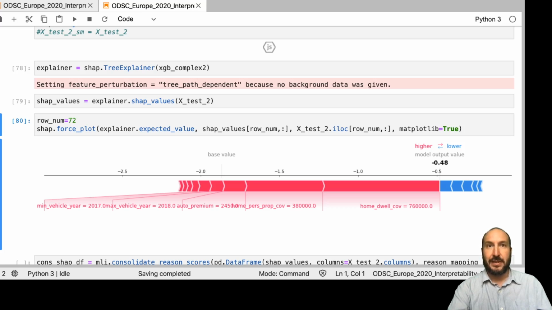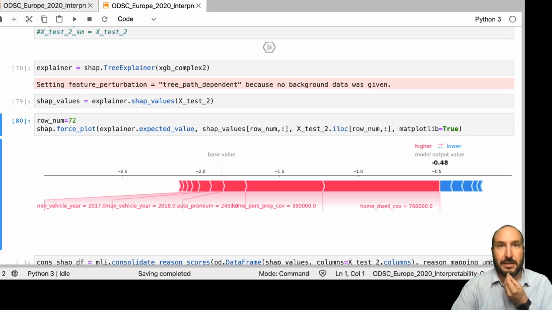So you could think about it as I started with the base value, I added in all these red bars that pushed me past the true value, but then the blue bars pushed me back to where I landed, which is at negative 0.48. So again, it's a nice visualization. And again, the bigger the bar, the more impact it had.